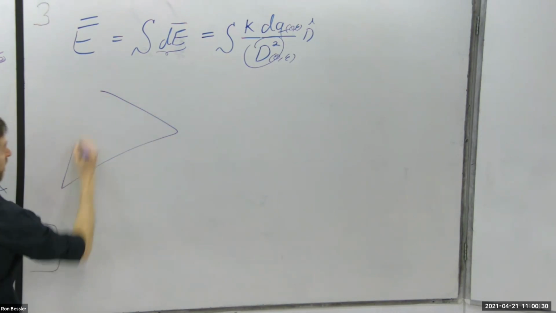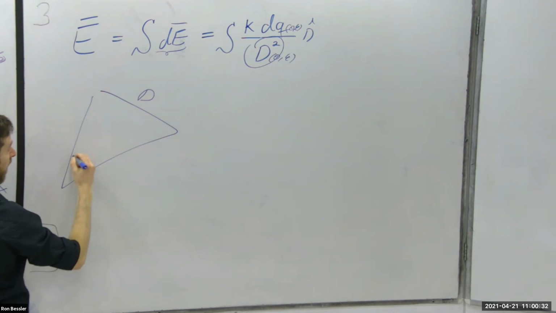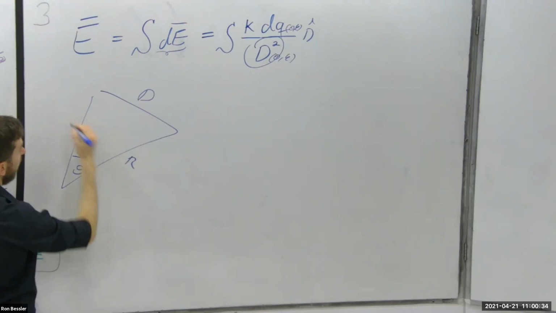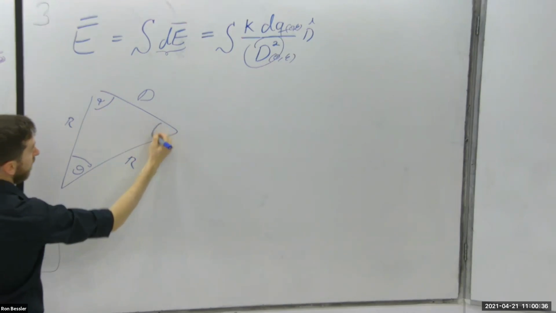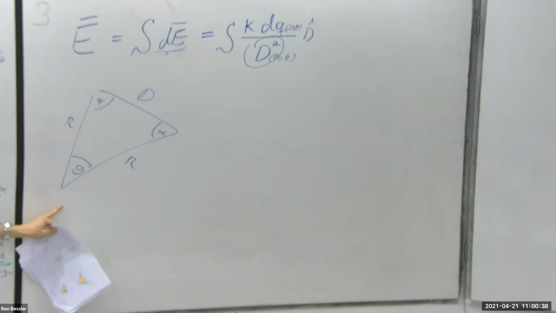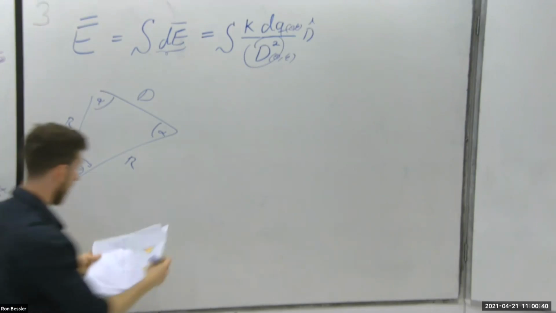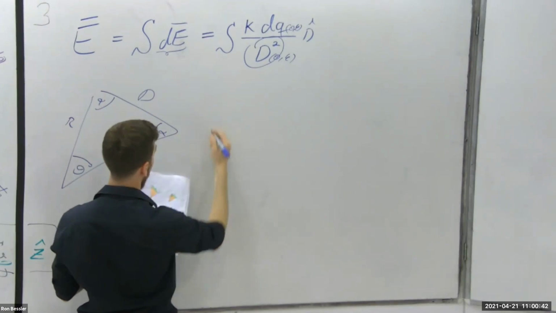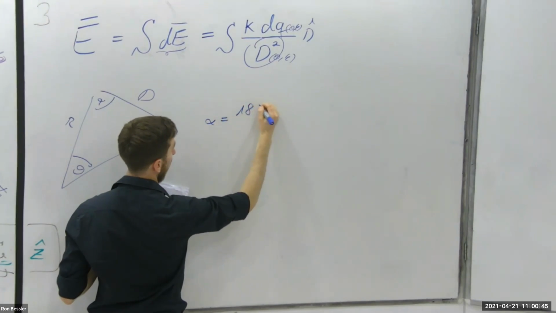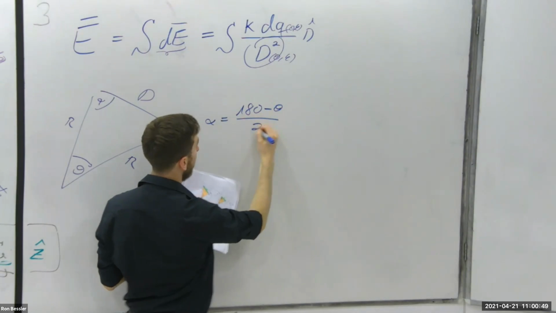Okay, so if this angle is theta, and this is alpha and this is alpha, let's draw it big. d, theta, right? Alpha and alpha. This is alpha, agree? And what's the value of alpha? Alpha equals 180 degrees minus theta, divided by 2, right?